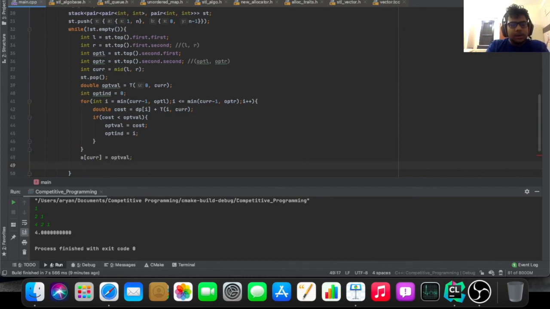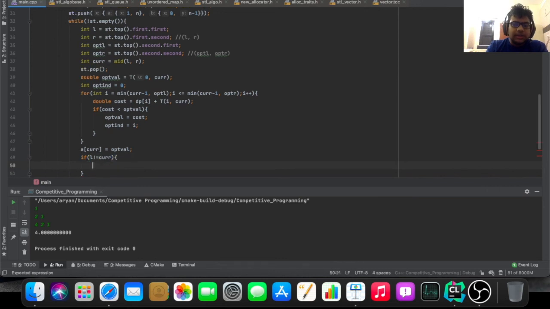And then we can say if l is not equal to cur, then we need to recurse on the left side, right? So we can say st dot push. What are the bounds we need to do it on? We need to do it on l to cur minus 1, and the range for opt is optel to opt-end.